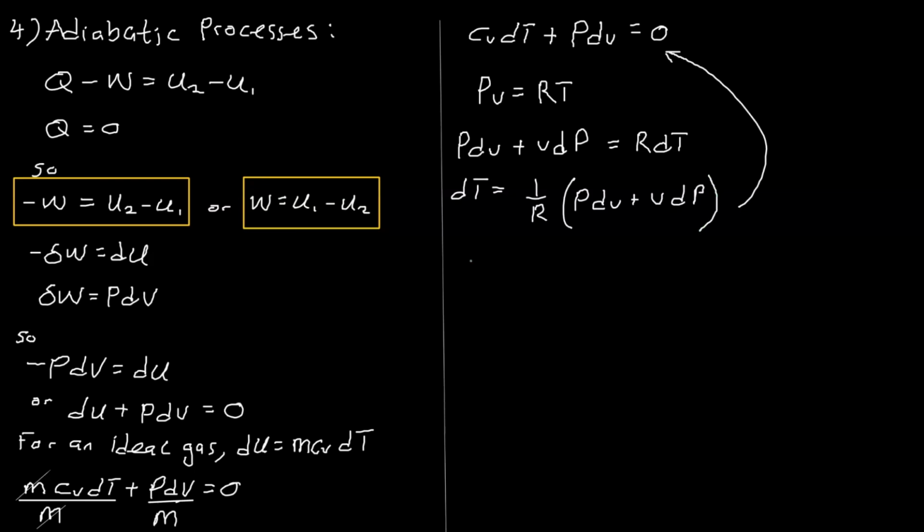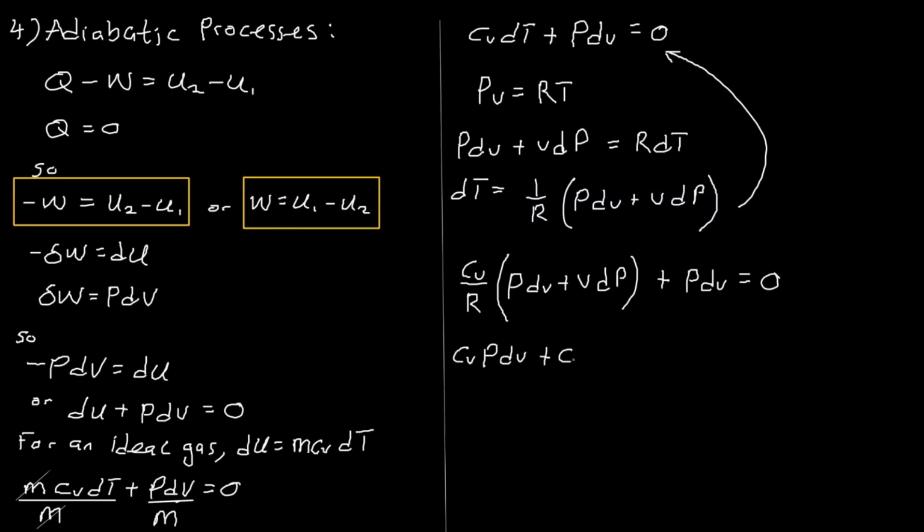Putting this into our equation, we have Cv divided by R into PdV plus VdP plus PdV equals 0. We can multiply through by R, so we have Cv PdV plus Cv VdP plus R PdV equals 0.